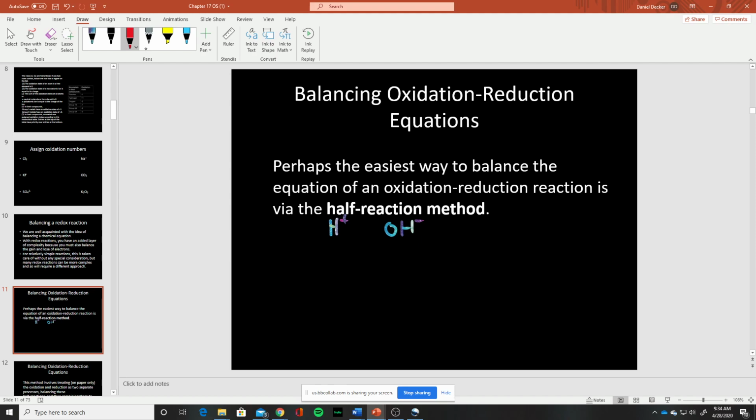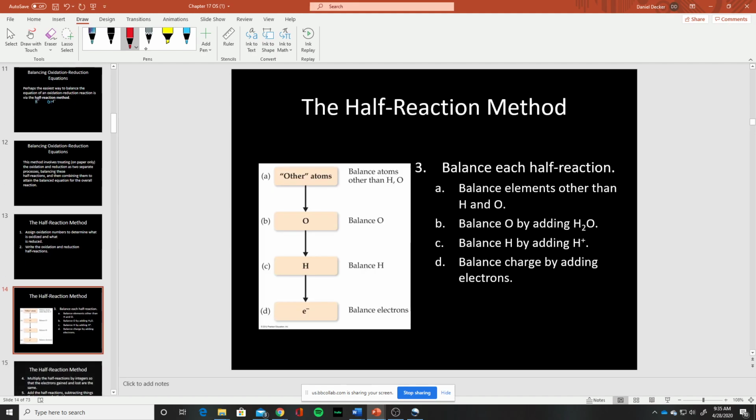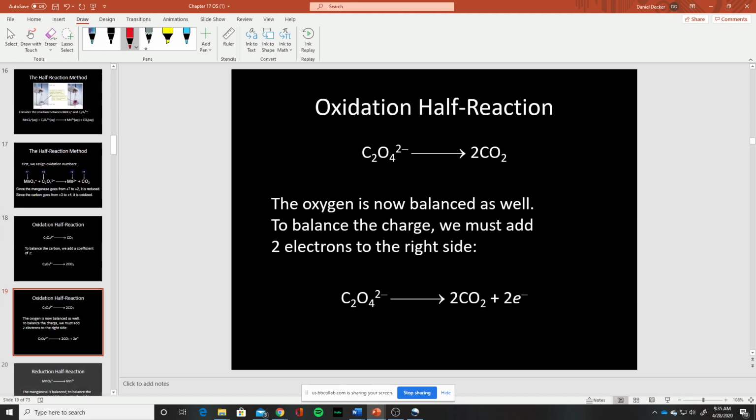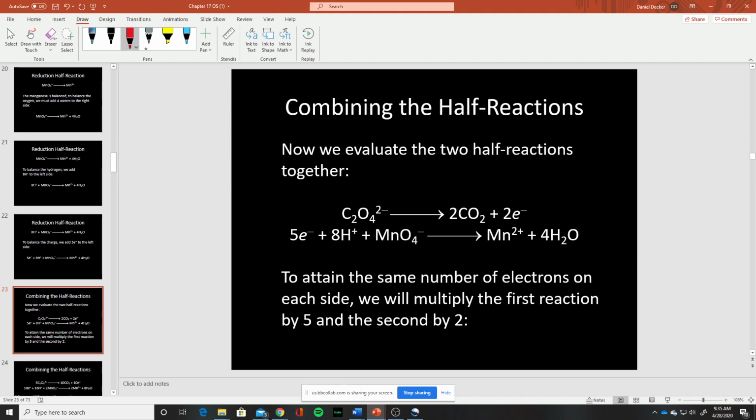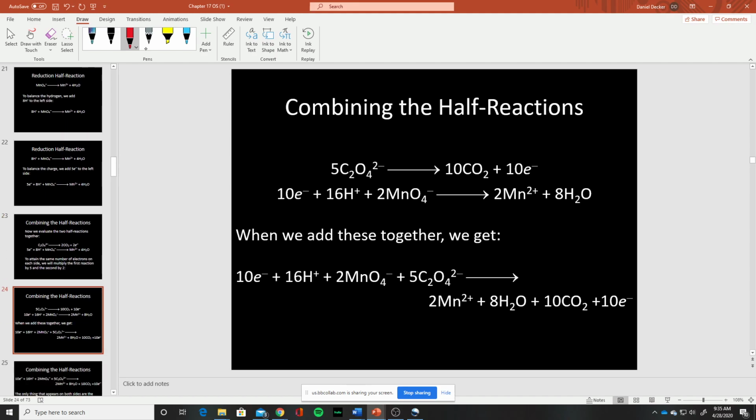I tried for a while to figure out some way of doing it differently, and I couldn't come up with a good way of doing it. So what I ended up doing was, and you will have to do balancing reactions, by the way, at least one. I can't remember if I have you do two or not, but there will be at least one redox reaction that you will have to balance. The way I ended up doing it was, I would give you something like this, except it was all on one line together.